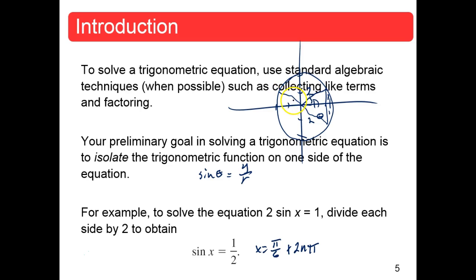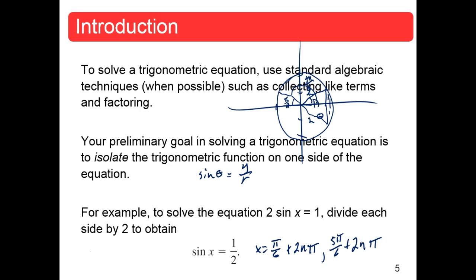So if that was our angle and this was also pi 6, this would have been 5 pi 6, right? So it could have been 5 pi 6 plus 2n pi. So you have a whole bunch of things that could be, but the simplest would be pi 6, or 5 pi 6, or any 2n multiple of 5 pi 6.